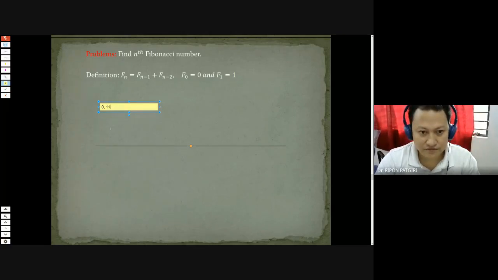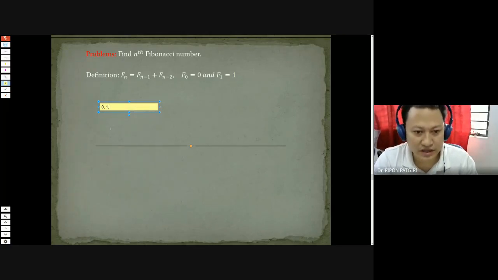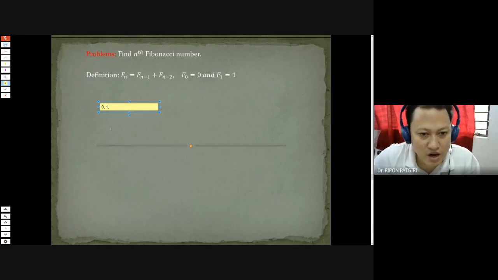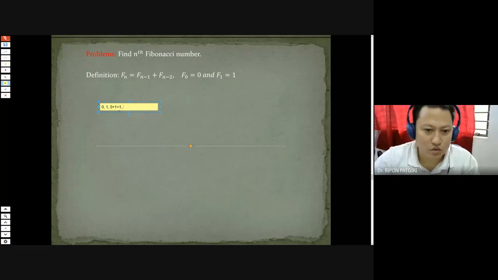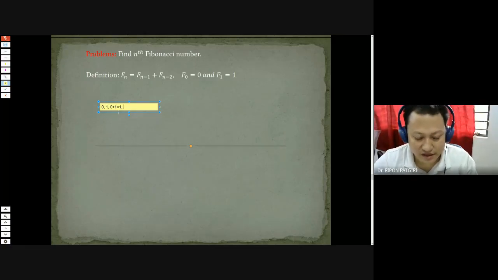And 0 plus 1 is the next Fibonacci number, 1. And this 1 plus 1 is the next Fibonacci number.